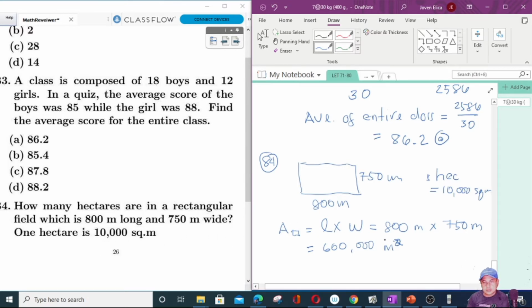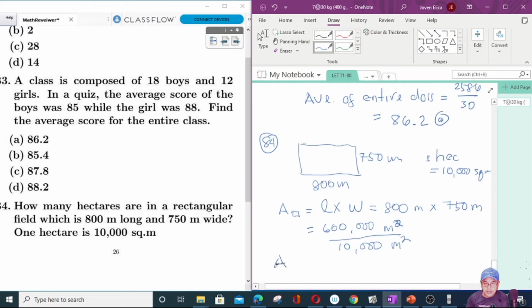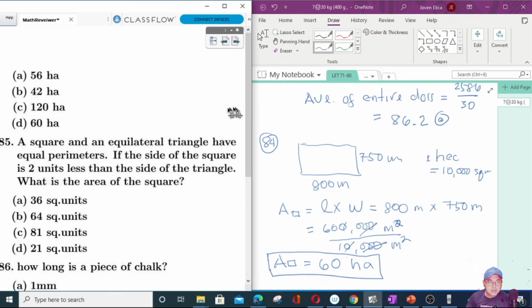Now, since 1 hectare is equal to 10,000 square meters, we divide this by 10,000 square meters. So the zeros cancel out, and therefore the area is 60 hectares. So that is letter D.